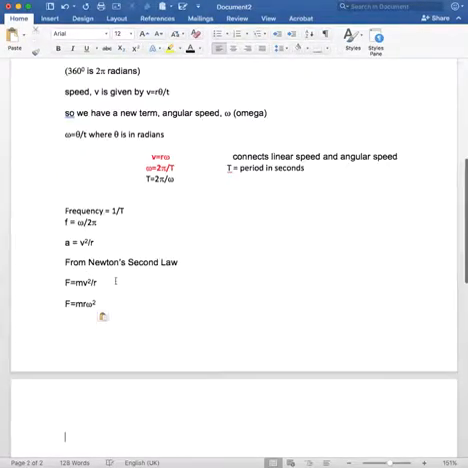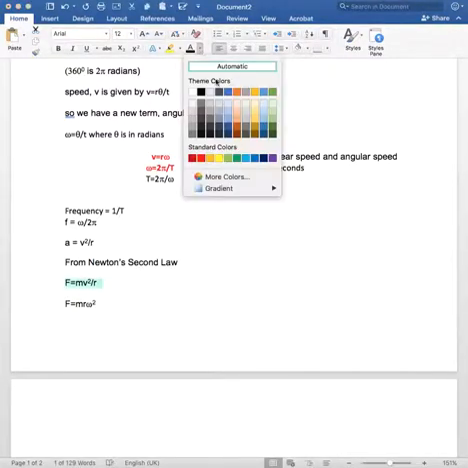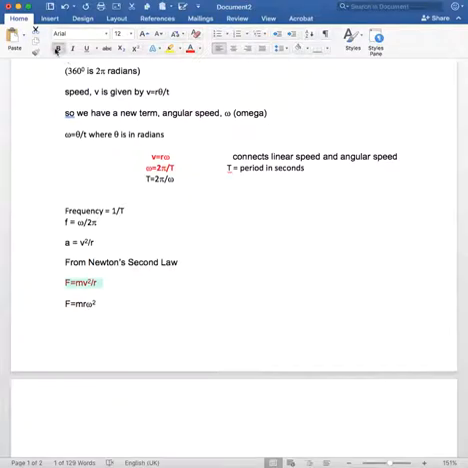Now these are exactly the same expression, it's just that we've substituted v equals r omega in here, to give us v squared is r squared omega squared. And then if you divide that by r, you get F is mr omega squared. So another important expression for you there.